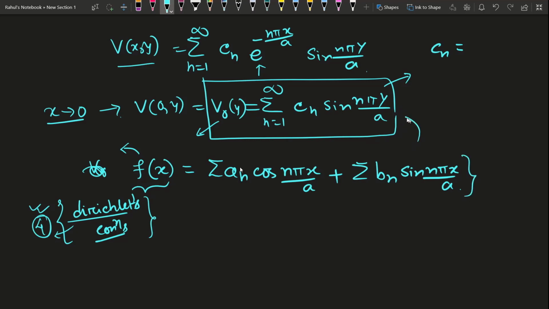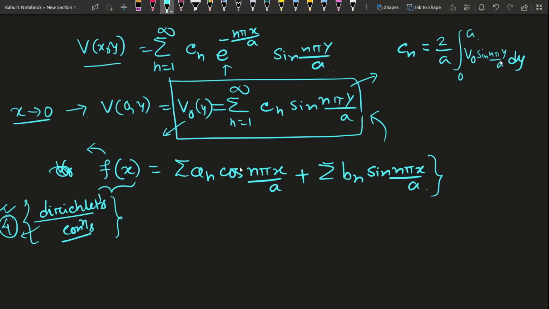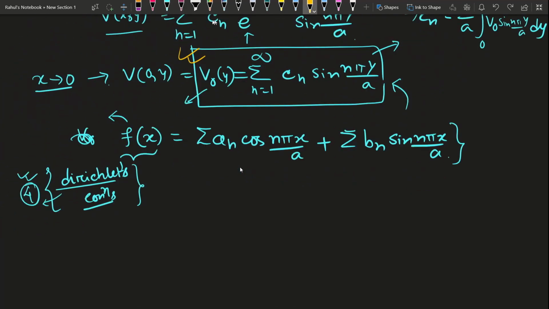So here actually this thing is happening, where Cn equals 2 over a, integration 0 to a, v naught. This is called the Fourier coefficient. You can easily understand that this is the actual expression, but what is the problem here? What is the value of Cn? We don't know.